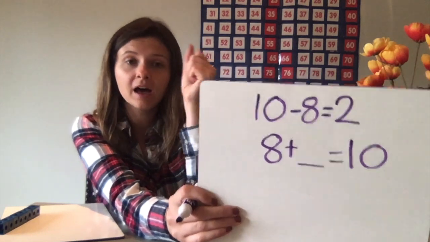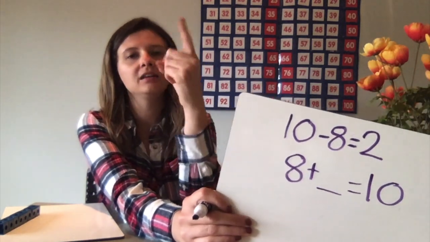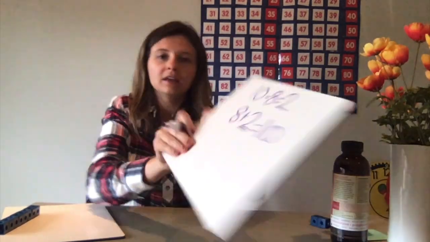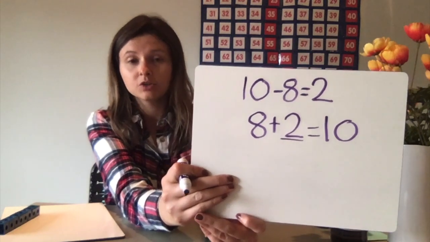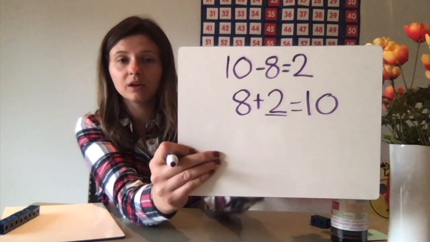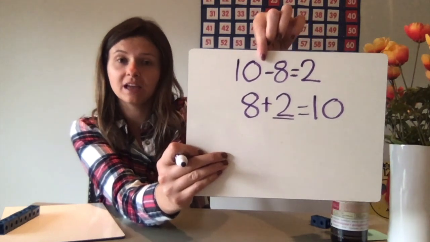Or I could count up 8, 9, 10. Then I'll know that 8 plus 2 equals 10. So knowing my combinations of what can make 10 can really help me then with my takeaway problem.